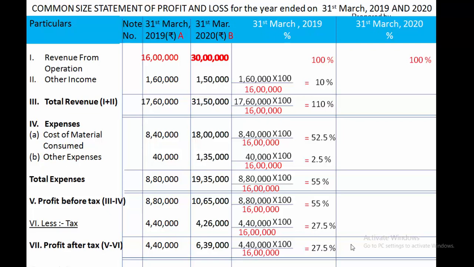Next, we calculate data for 2020. 150 into 100 divided by revenue from operation of 2020, 30 lakh, is equal to 5%. Next, 31 lakh 50,000 into 100 divided by 30 lakh is equal to 105%, and so on.